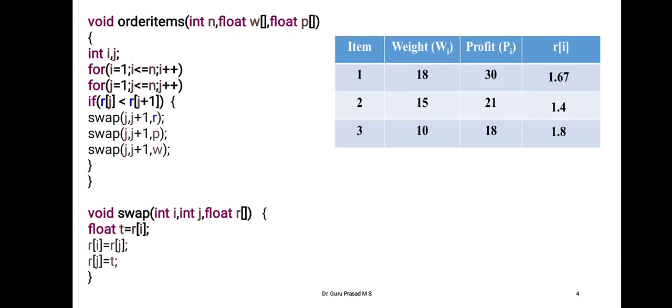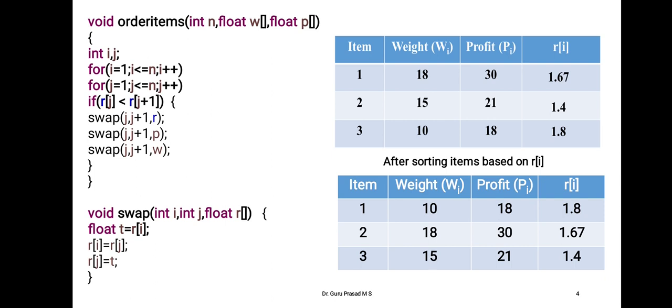Next we have to rearrange the items based on the profit by weight ratio, that is the value of R of I. Here is the order items method. This method will rearrange the items based on their profit by weight ratio. After sorting items based on R of I, these are the items.